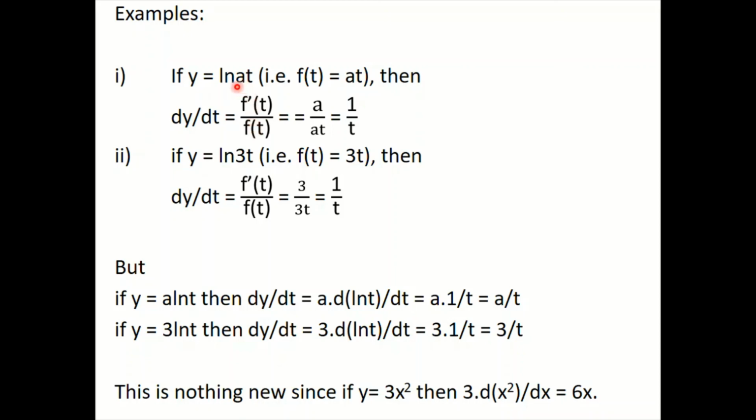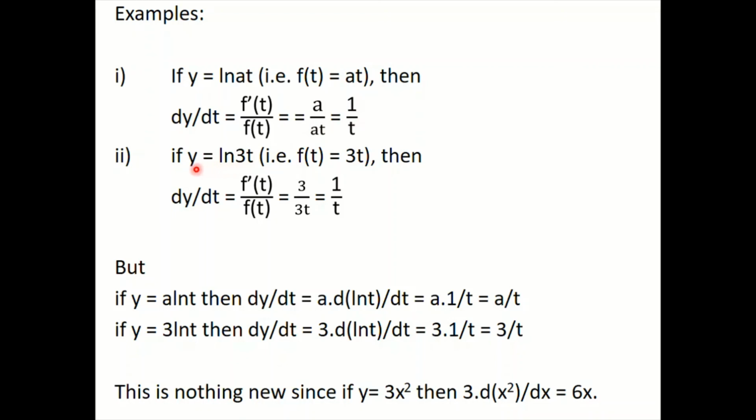So if we find the derivative of at with respect to t, quite simple, just going back to the power rule that we learned about when differentiating, we would have t to the power of 1, and we would end up with a. Then rewriting the function in its original form, at, that would be in the denominator, and the a's would cancel out, and we'd end up with 1 over t.